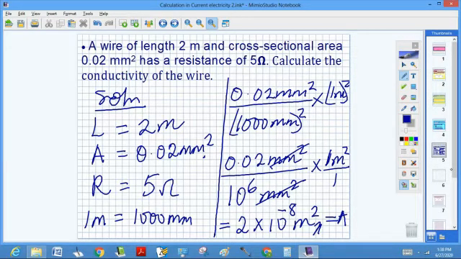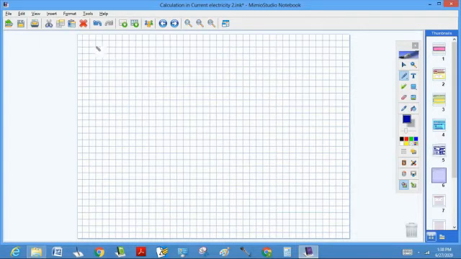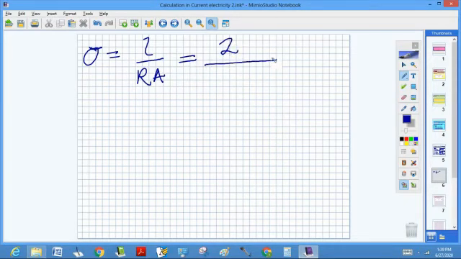So we move ahead to find what we are asked to find. We are asked to find conductivity. Conductivity, given by this symbol mu, is equal to L over R times A. So substituting, we have 2 over 5 times 2 times 10 raised to power minus 8.